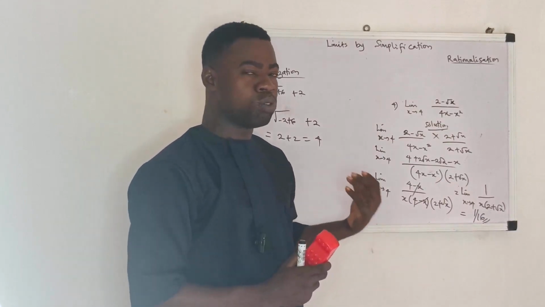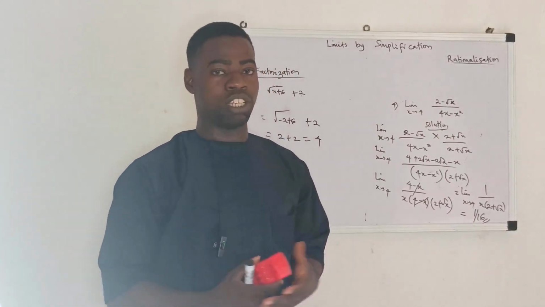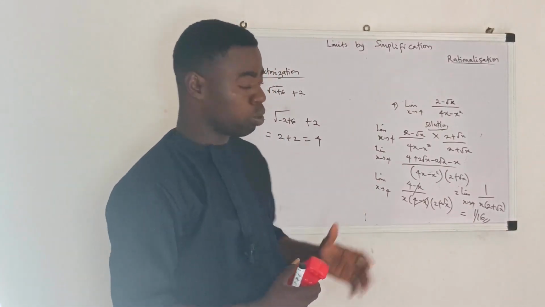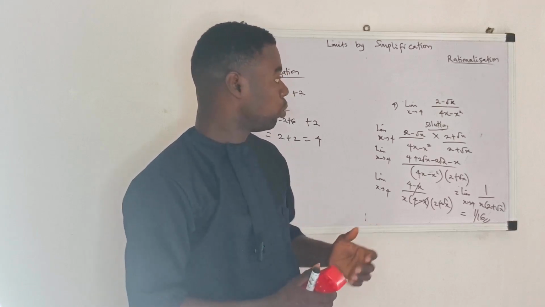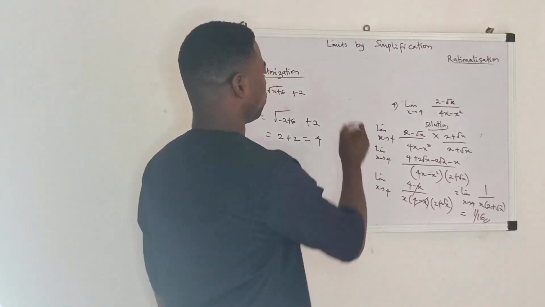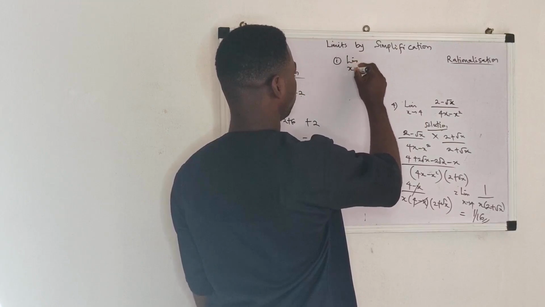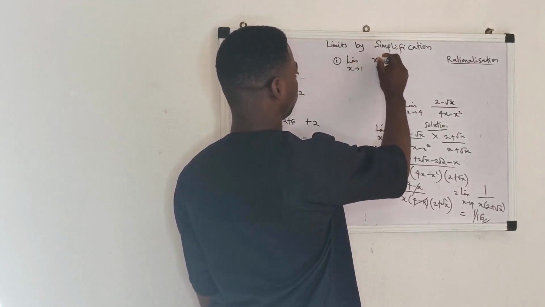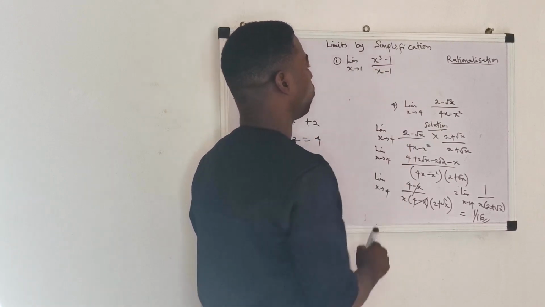I would want to leave you with one or two questions so that you can try it yourself. But this is how it works to evaluate by the simplification method. You've seen it. So I'll be leaving you with these questions. Just in your free time, try them. The limit as x approaches 1 of x cubed minus 1 divided by x minus 1.